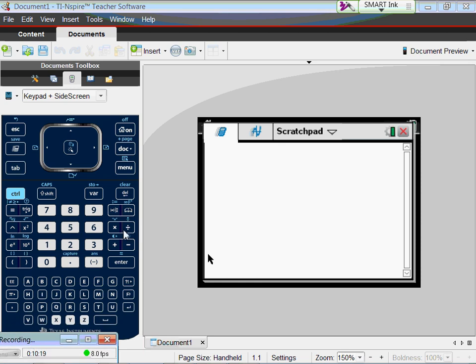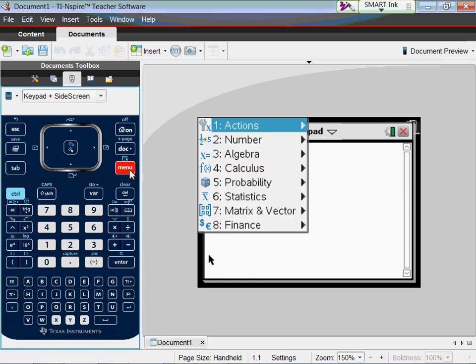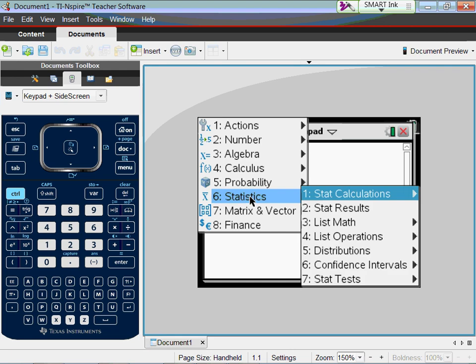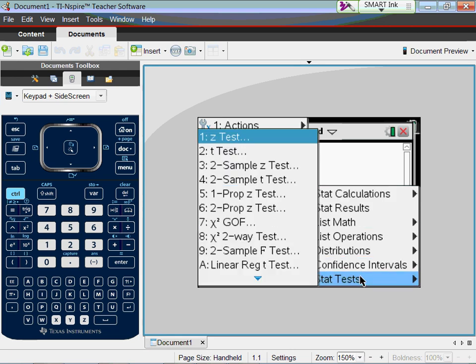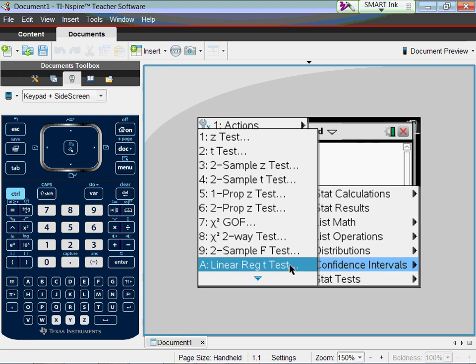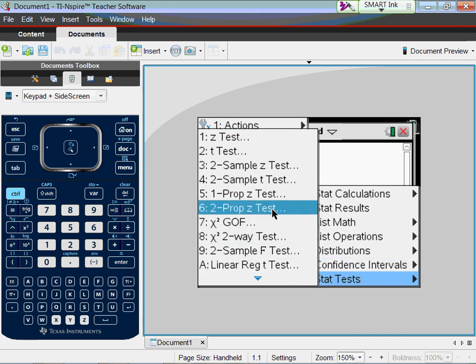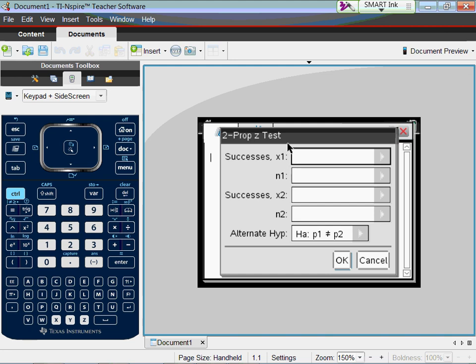All right, so let's try this one on the calculator. So go to Menu, Statistics, and Stat Tests, since we were doing significance tests. And again, look for proportions, and it's 2 proportion because we have 2 p's. And we're going to plug in x1. So this is never a decimal.